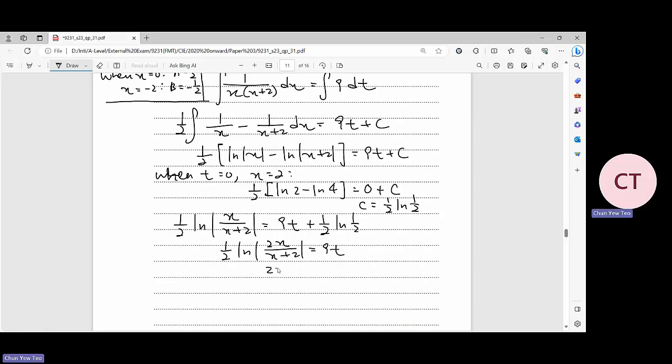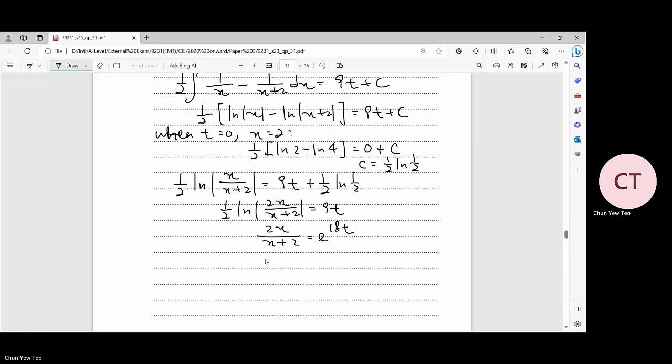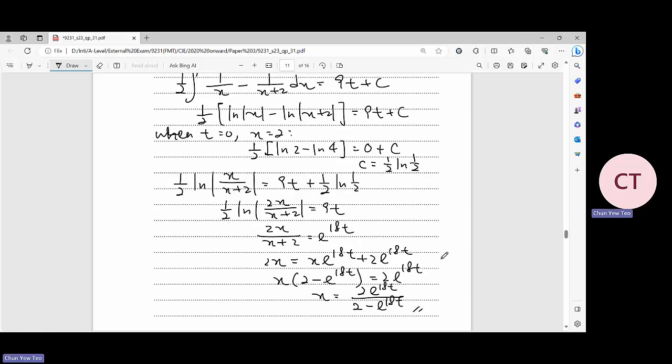Then your 2x over x plus 2 is equal to e to the power of 18t. Okay? Then just multiply it to the other side and join together. Then you can have x in terms of t. That will be your answer. Okay, this is the answer already.